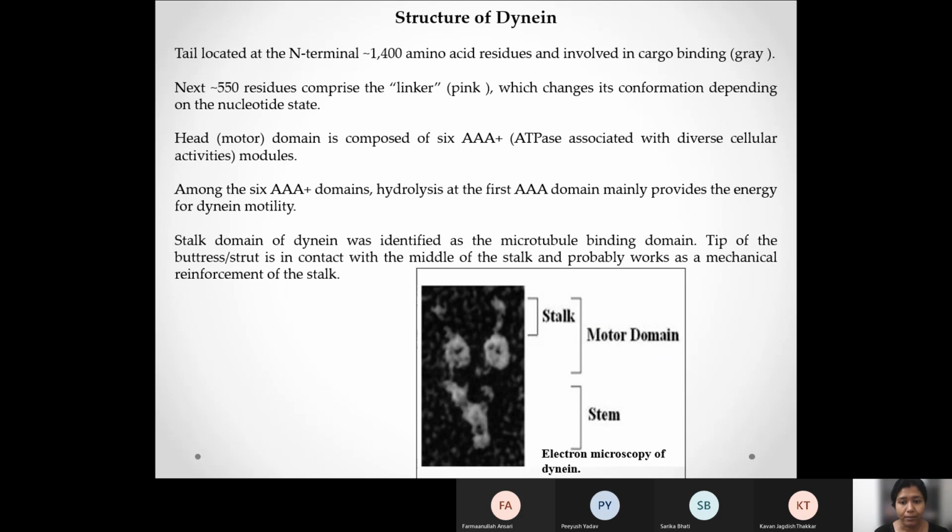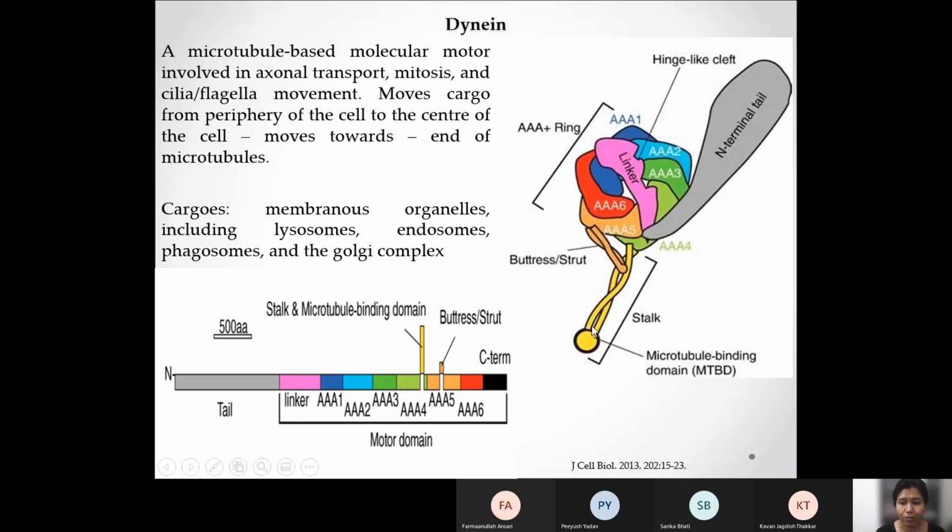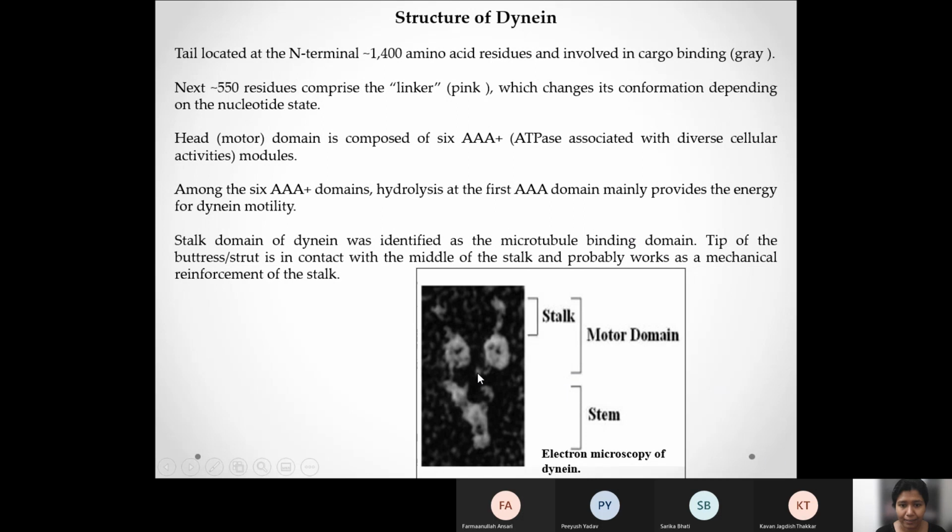So again, here is a cryo-electron microscopy image of a dynein. You can see that this is the AAA ATPase ring-like structure of the dynein. You have a region that extends out, and this is the stalk. This is the stalk that has this kind of a globular end that binds and grasps microtubules.